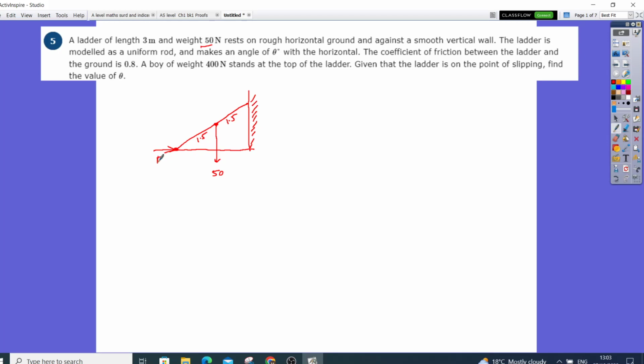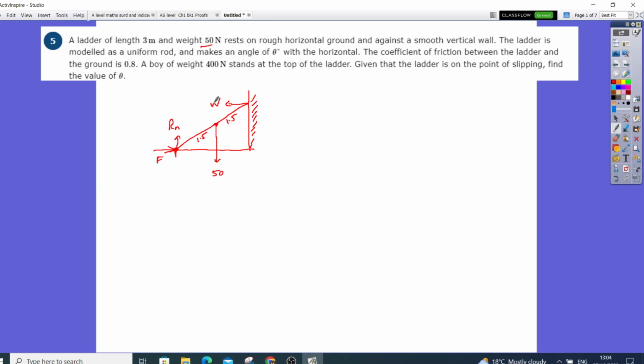Okay, and this is the contact force perpendicular to this ground, call that Rn. Okay, and this is the reaction force from the wall. So that's from the ground, this is reaction from the wall.